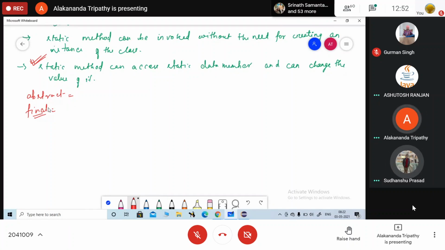Scroll a little up, ma'am. Why is final used? To declare a variable constant. Okay, we are using the final. So next we will start inheritance. Next one is inheritance. Abstract I will tell when we do the polymorphism concept.